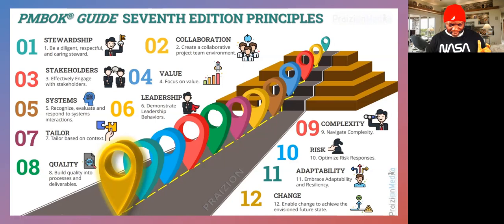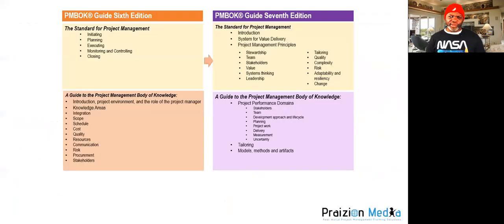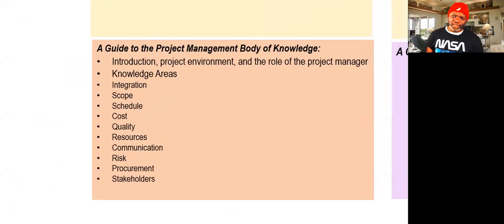Because the terminologies, the bread and butter of project managers, are the things on the left: integration, scope, schedule, cost, quality, resources, communication, risk, procurement, stakeholder. That's the language that you want to see.